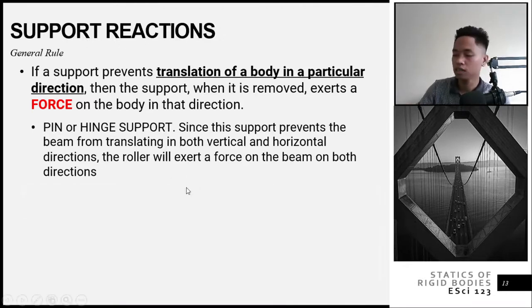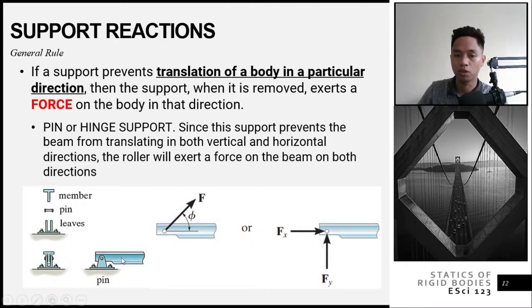So since kani nga support, kaning hinge, it prevents translation. Di ka makamove sa x, di ka makamove sa y. So therefore it prevents the body, alright, in translating in both x and y direction. So if ato siya himuag free body diagram, mo exert siya og reaction about y and also reaction about x. Kay duha man ang iyang i-prevent nga translation.